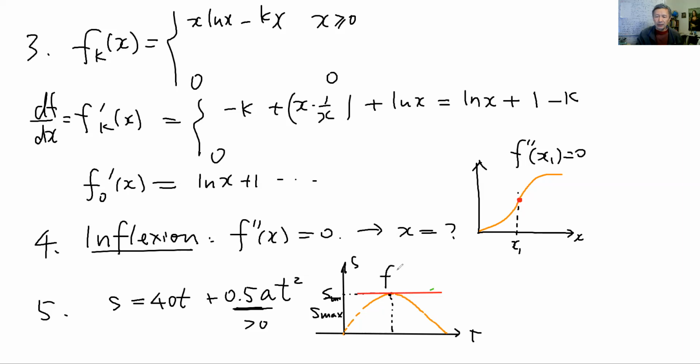So at a particular t, t1, the first derivative equals 0. That is the criterion to identify a turning point, a minimum or maximum, using the first and second derivative.